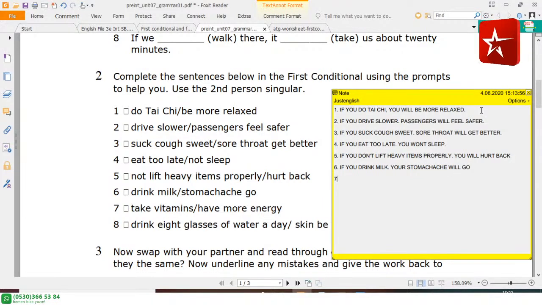That's the correct answer for number 6, guys. And let's continue with number 7 and number 8, the last two sentences.